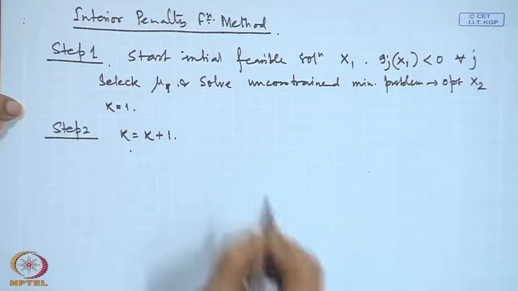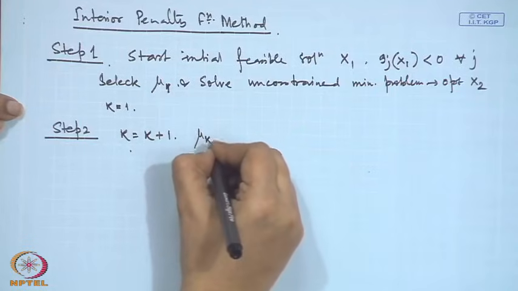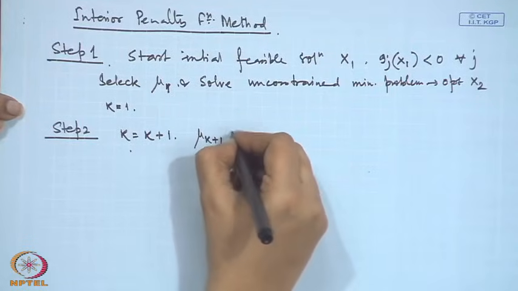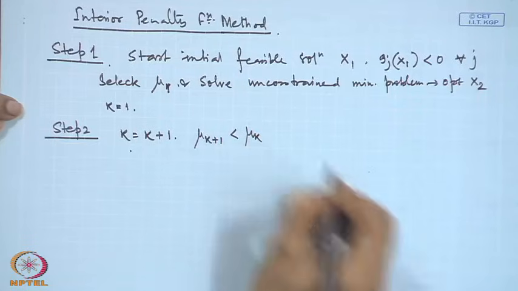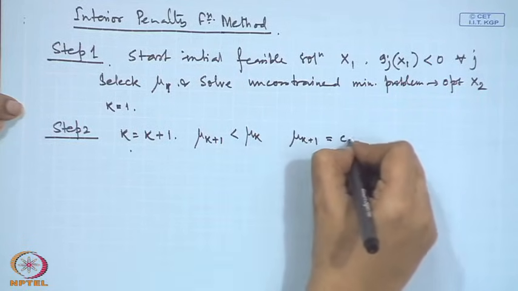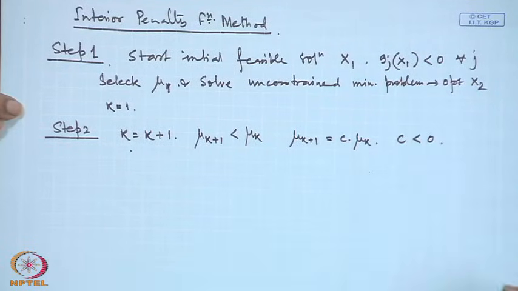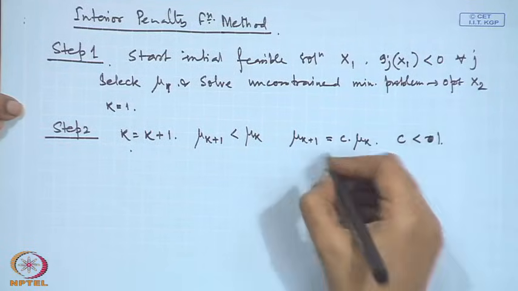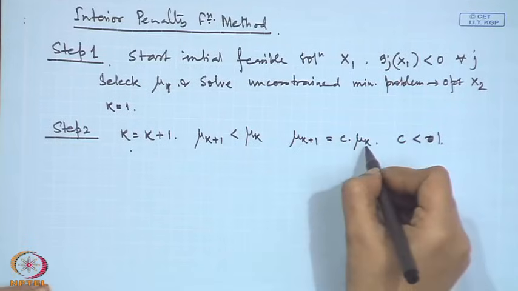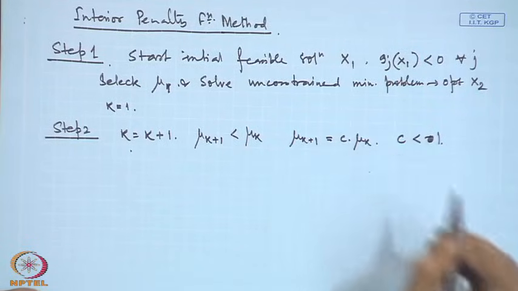And mu k will be updated with a new value mu k+1 that is less than mu k. Generally, we consider mu k+1 equal to c times mu k, where c is between 0 and 1, because we want to reduce the value of mu.